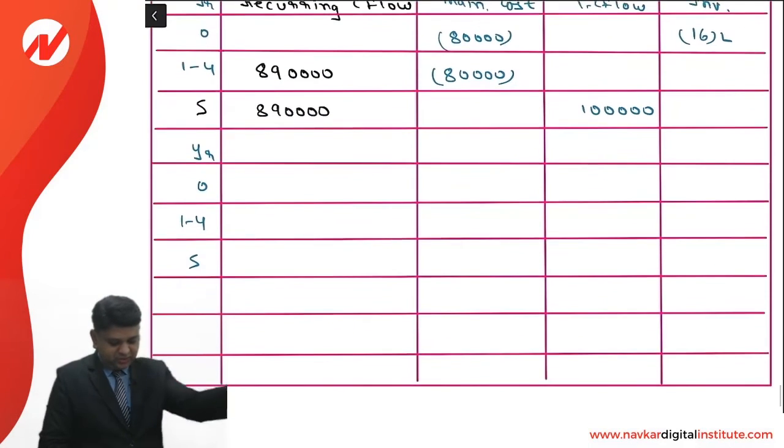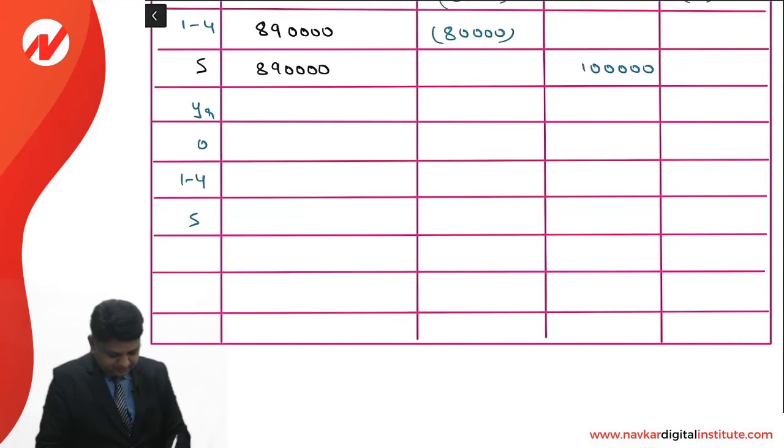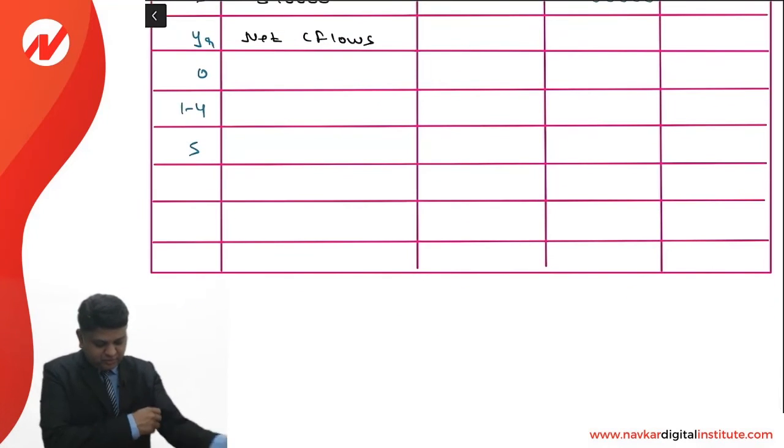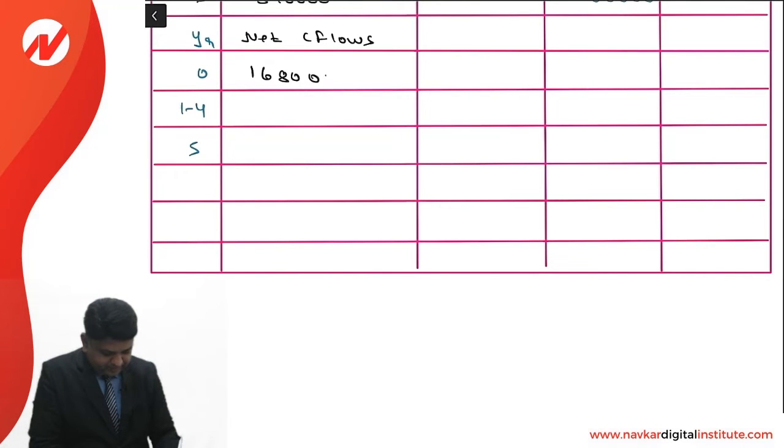So based on this, we'll compute the net cash flow. As far as year 0 is concerned, it is 16 lakhs of investment and maintenance cost of 80,000. That comes to 16 lakh 80,000.